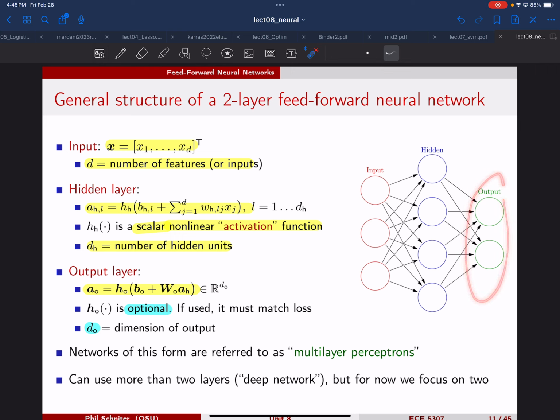And those outputs are going to be essentially my confidence that it's class 1 versus class 2 versus class 3. And I just want to pick the largest z, for example. Again, these are multi-layer perceptrons.